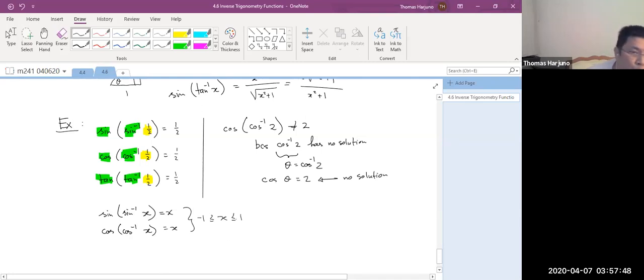It has something to do with the range of sine and cosine. Okay. Now for tangent, however, there's no restriction, because the range of tangent is all real numbers. So tangent of tangent inverse of x equals x for any x.